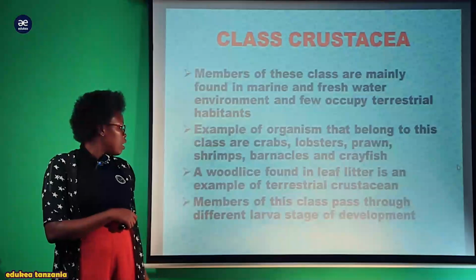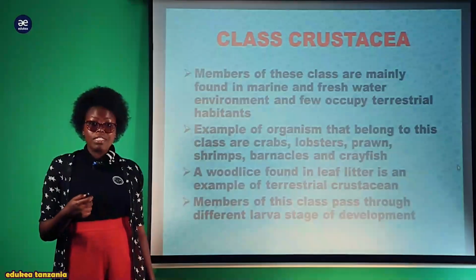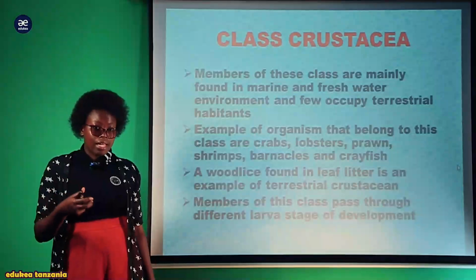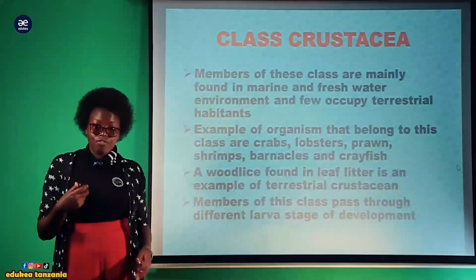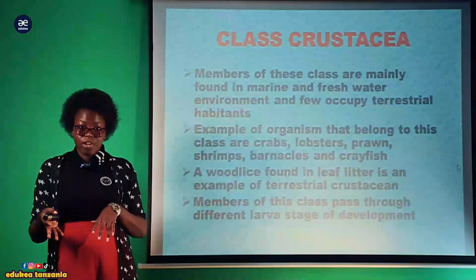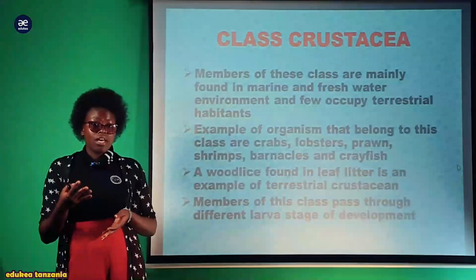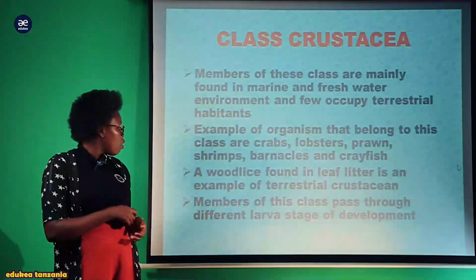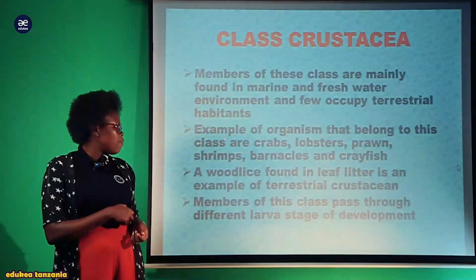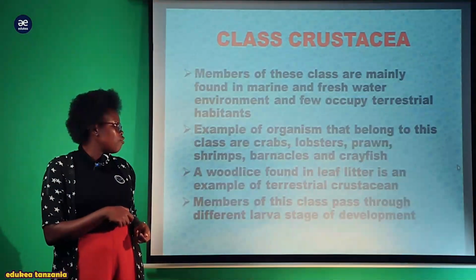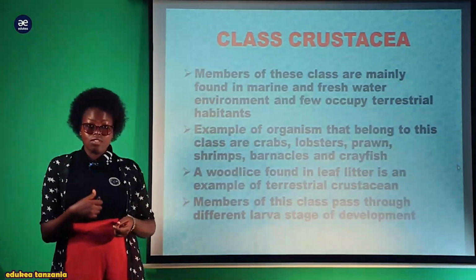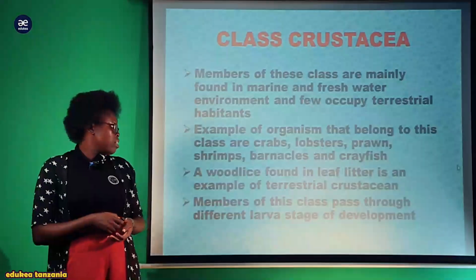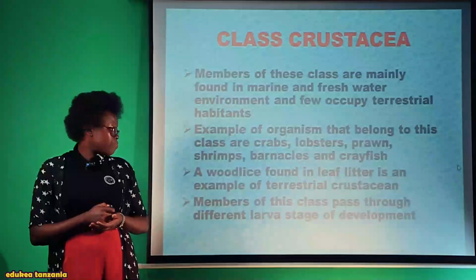Those found in aquatic environments are in either fresh or marine water, but few of them are found in the terrestrial environment, in moist places, on land rather than in water. For example, the wood louse, which is found in leaf litter, is an example of a terrestrial Crustacean. So once you are asked for an example of a terrestrial Crustacean, it is the wood louse.